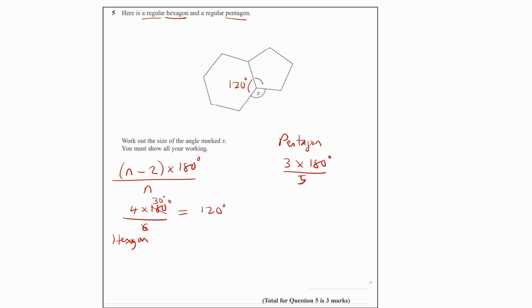So that's 36 degrees. And 3 times 36 is 90 plus 18, which is 108. 120 plus 108 equals 228 degrees. I'm going to take that away from 360.